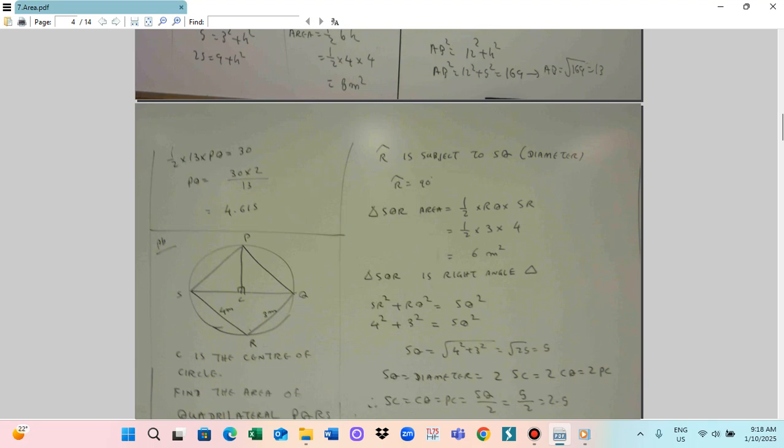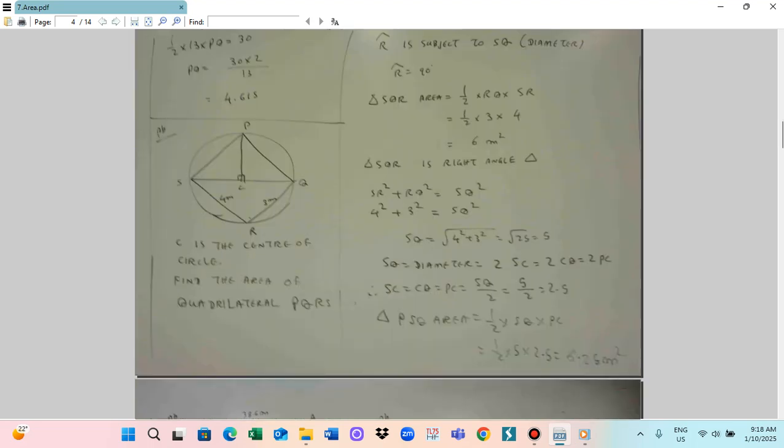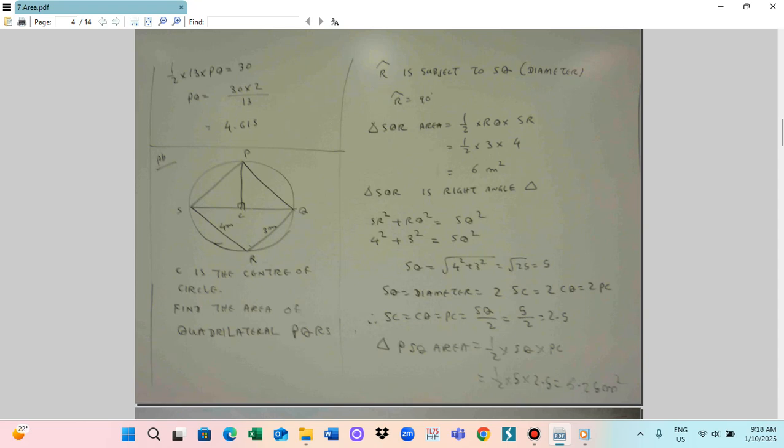Okay, this one we see as a standard circle. Find the area of the quadrilateral PQRS. So PQRS area you have to find. So in this case, how to find the PQRS area? Firstly, you have to find the area SQR.